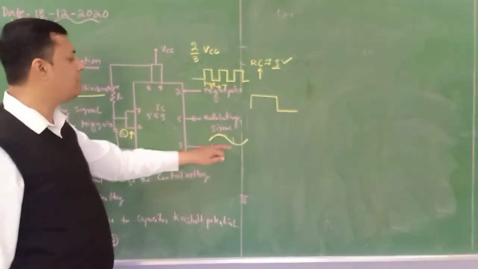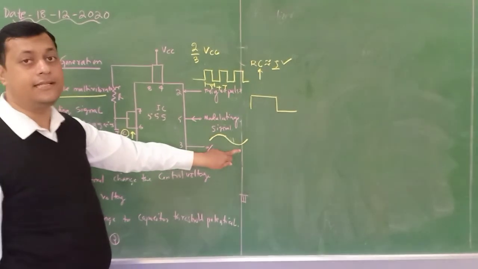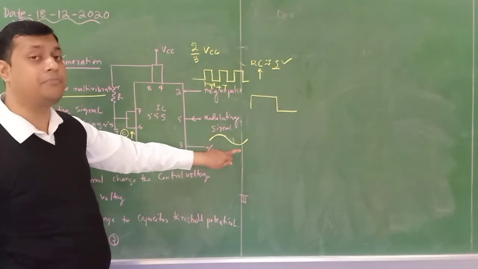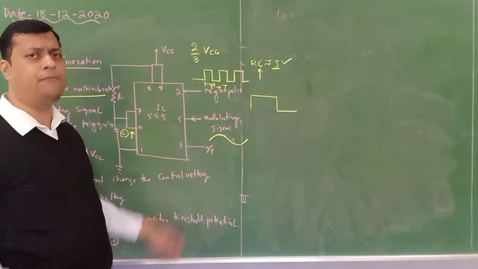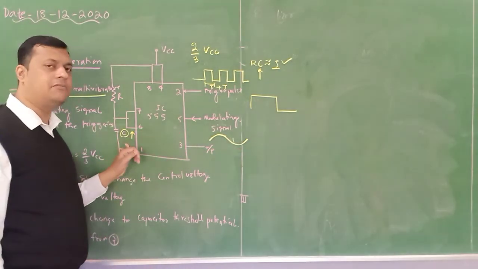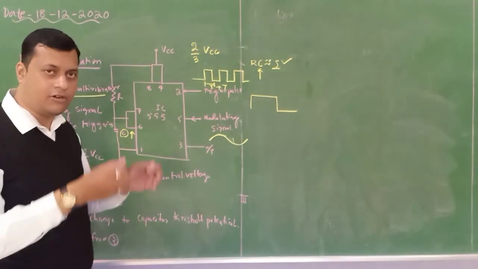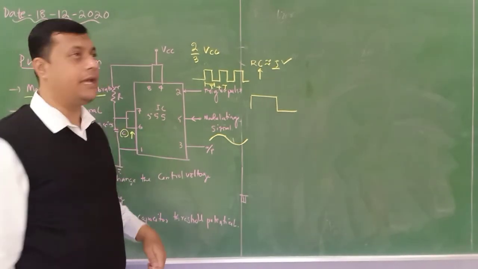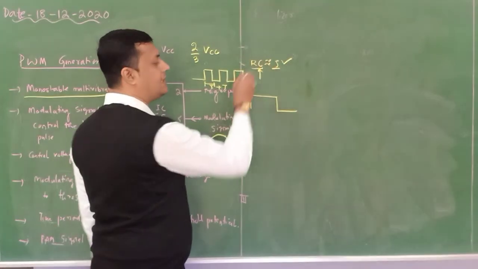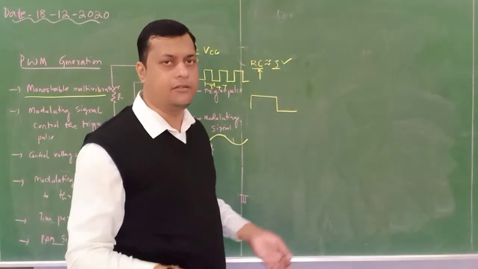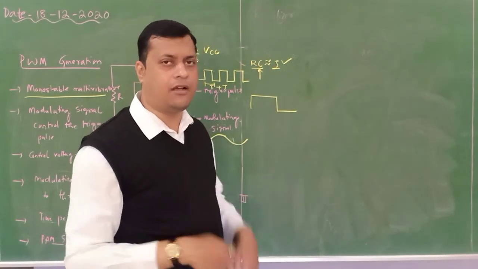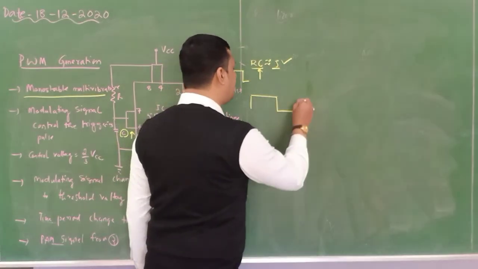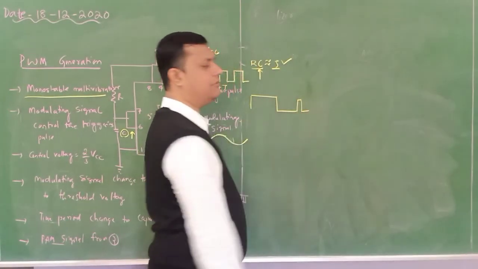Similarly, when the modulating signal goes to the negative component, the minimum potential, the capacitor will achieve the minimum potential, due to which the capacitive value reduces. If the capacitive value reduces, the RC time constant reduces, and the width of the pulse is also going to reduce.